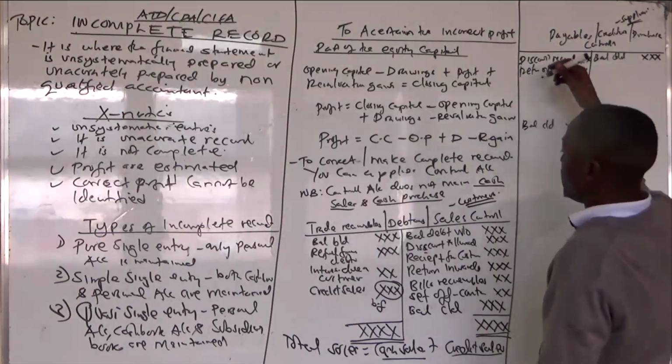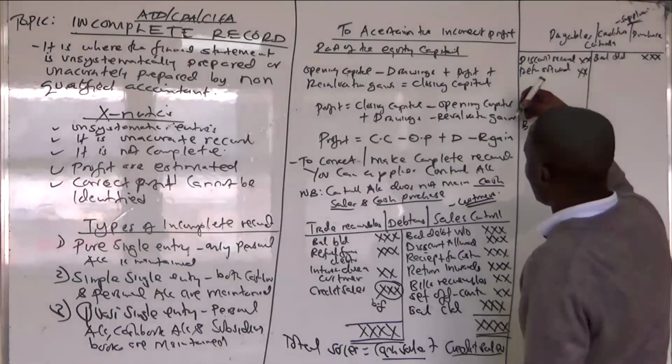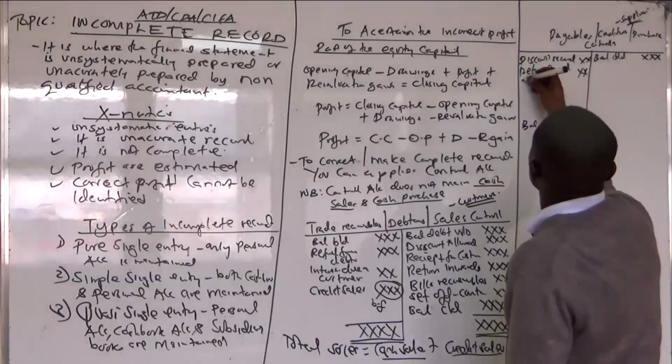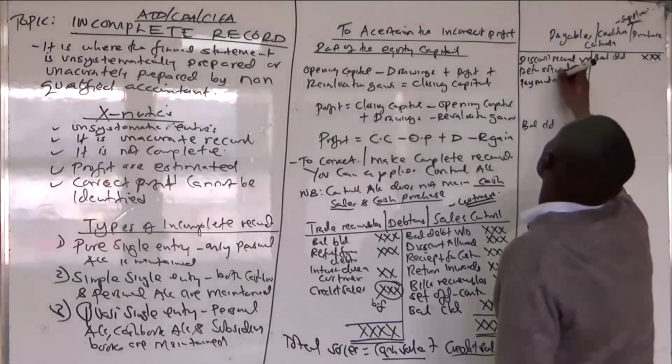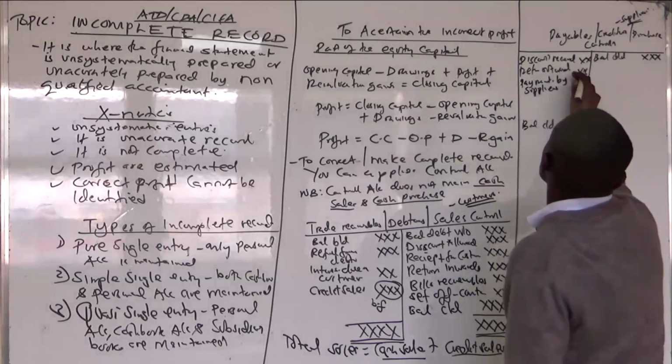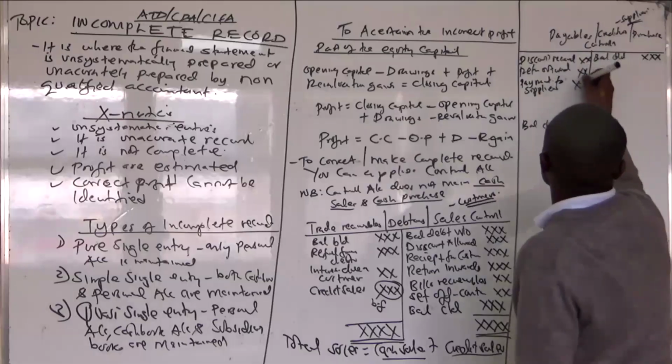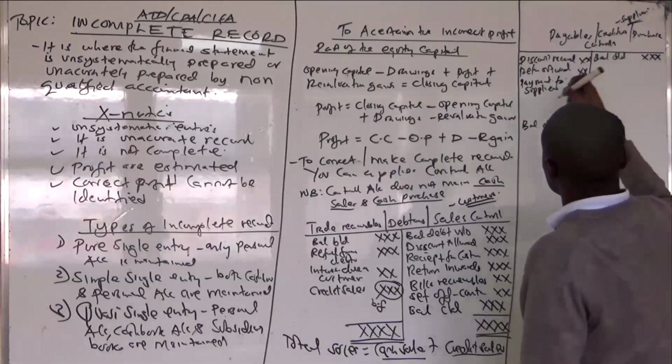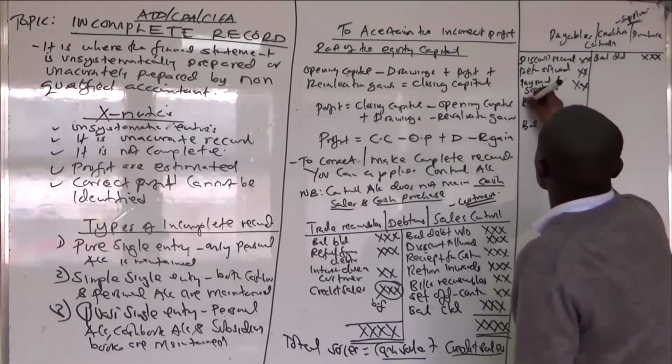So here we also talk about supplies, payment to supplier. Then there are bills payable.